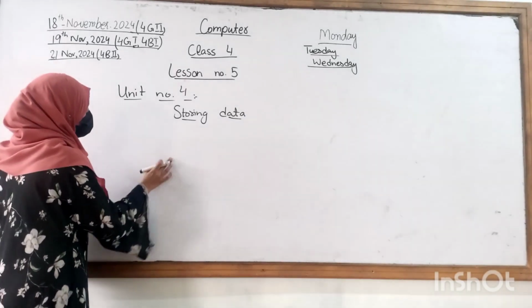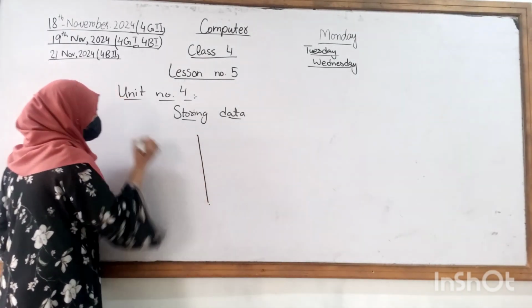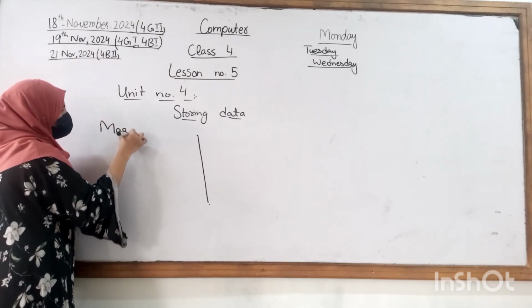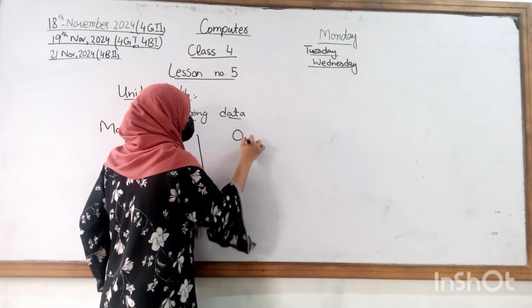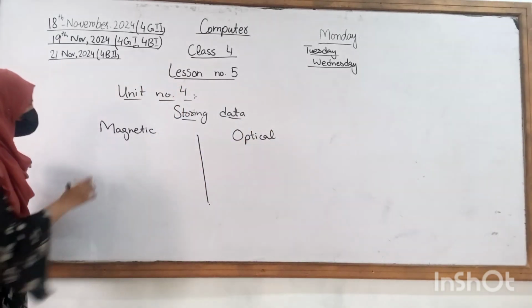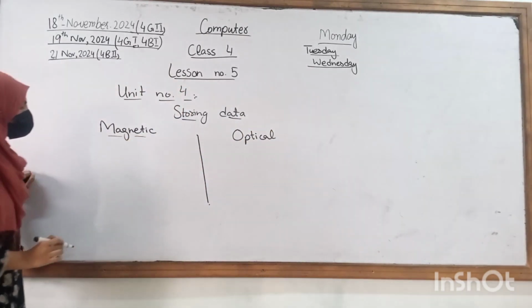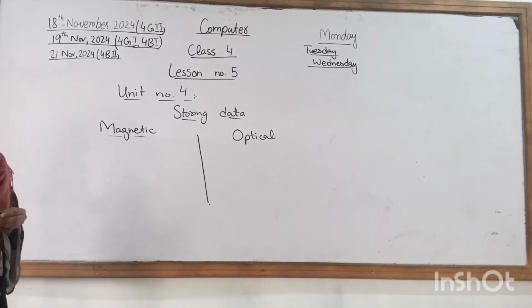Now there are two types of disk. One is magnetic disk and the other is optical disk. In a magnetic disk, the data can be erased and edited a number of times.